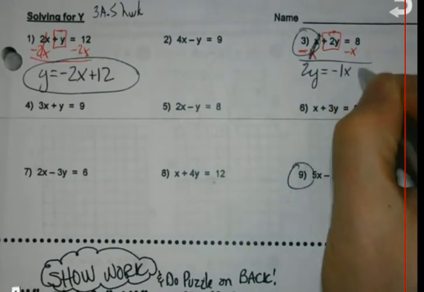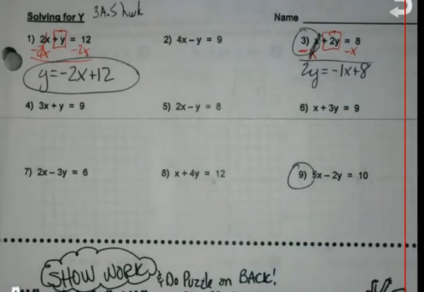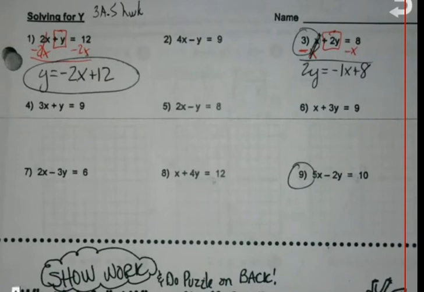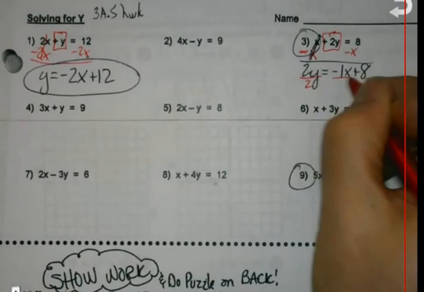And if I see no number in front of my x, I assume there's a 1. And just like on the first one, this has x, this doesn't. I can't combine them. They can hang out on the same side of the equation, but they can't be together. But this time I'm not quite done yet, because y is not totally alone. One step left. Okay, divide by 2.